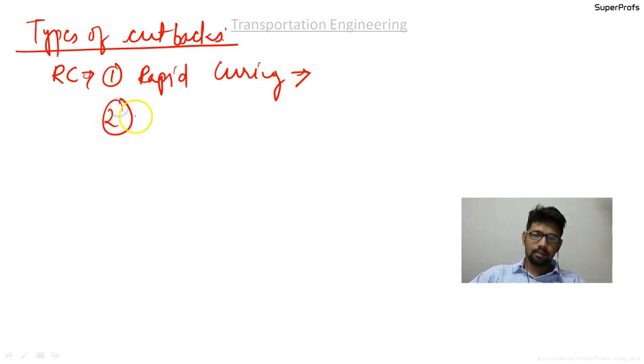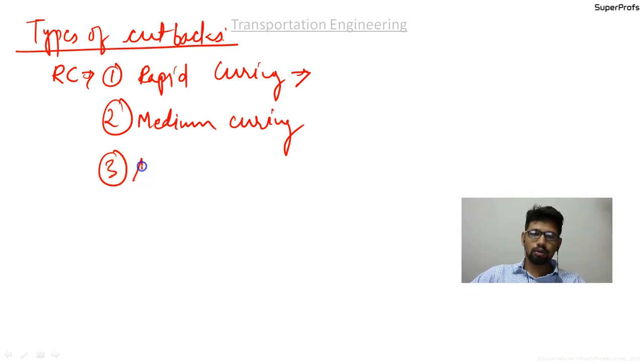Second one is the medium curing, and third type is the slow curing one. So RC, this is MC, and this is SC.